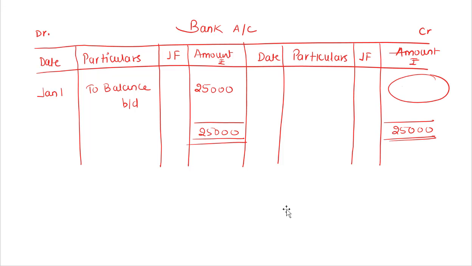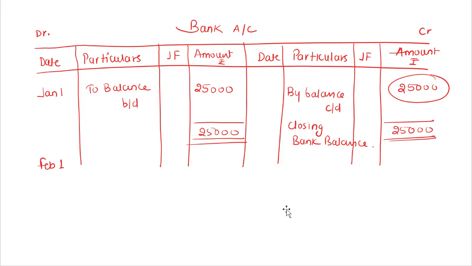The balancing figure would be 25,000. It will be written as by balance carried down, that is closing bank balance. This closing bank balance will act as the opening bank balance in February.